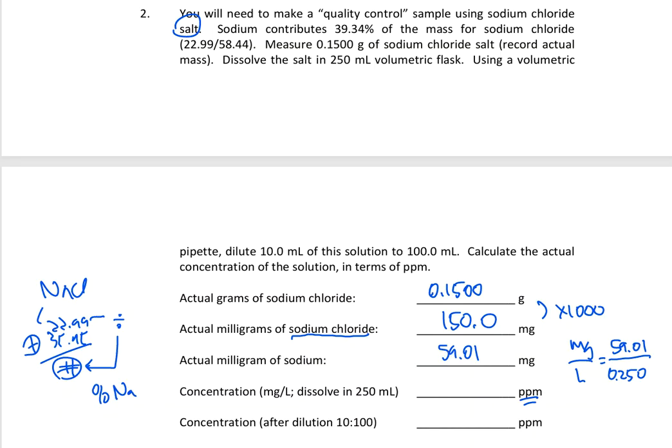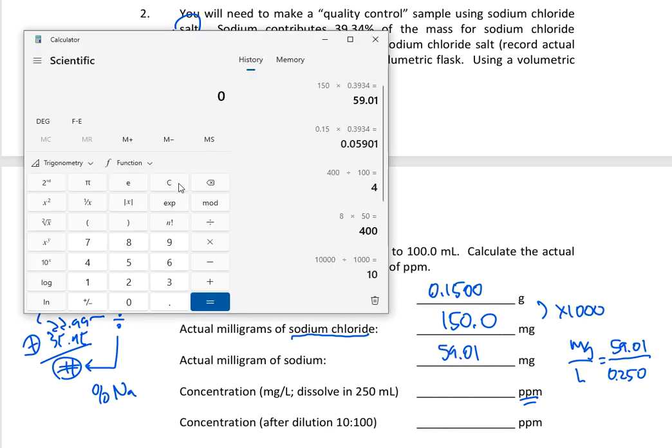So I'm going to bring the calculator up again, and I'm going to do this simple little calculation over here to the right-hand side. I'm going to take the number of milligrams of sodium that we have measured, that we have dissolved in a little bit of water. That's how much there's going to be there of sodium, 59.01 milligrams.